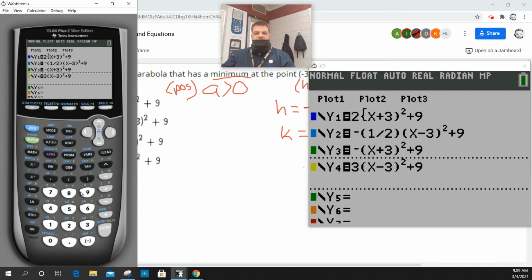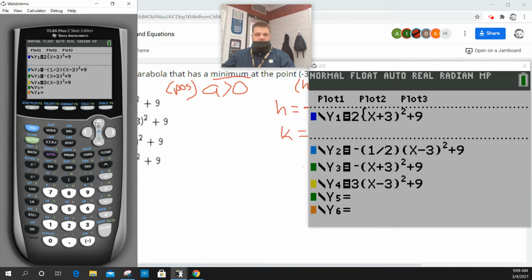So I got them all in there, right? Oops. How did I get this one? You guys are supposed to tell me when I make a mistake. That's supposed to be this. All right. X plus 3 squared plus 9. Yep. Negative 1/2 times x minus 3 squared plus 9. Yep. Negative x plus 3 squared plus 9. Yep. 3 times x minus 3.